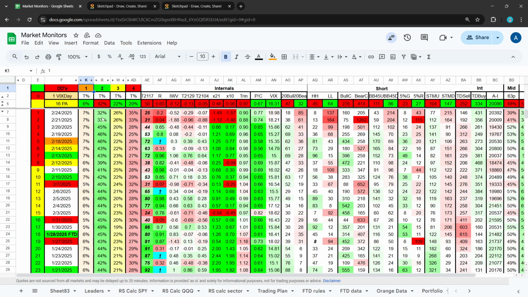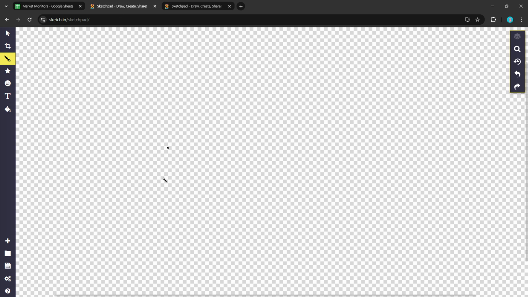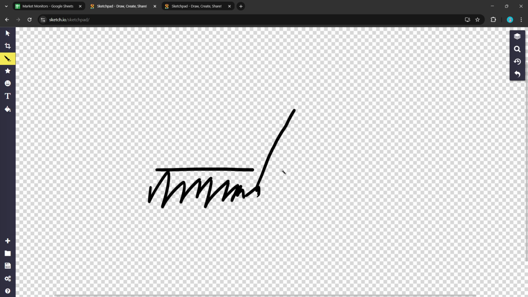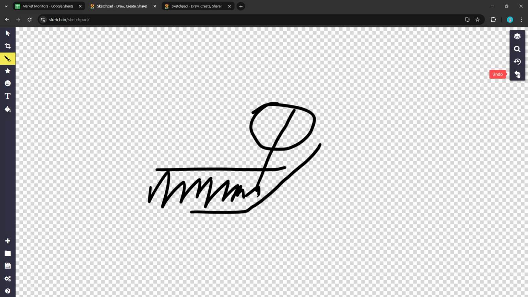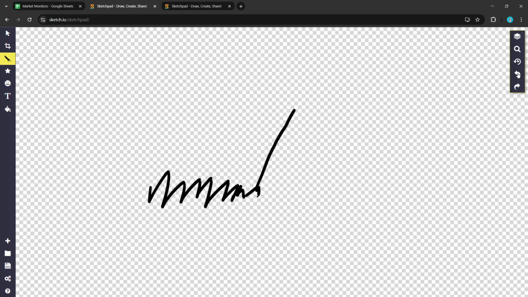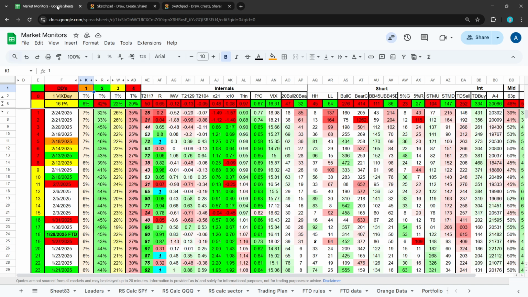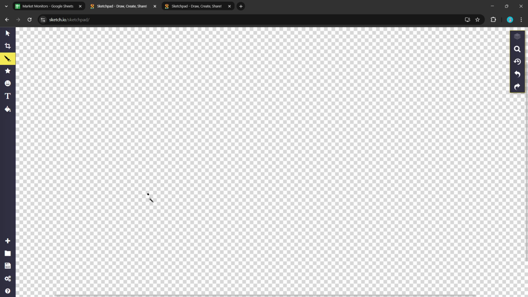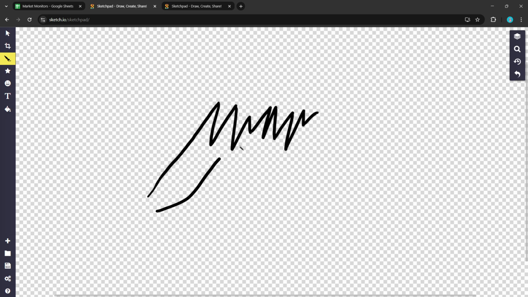Stage two is basically something like this, going sideways for a long time, and it goes much higher. Moving average goes like this. It's like right there. And stage three is something like this. The stock's gone like this, and it's starting to go sideways like this. It's like right there. So it goes higher and it's gone sideways.